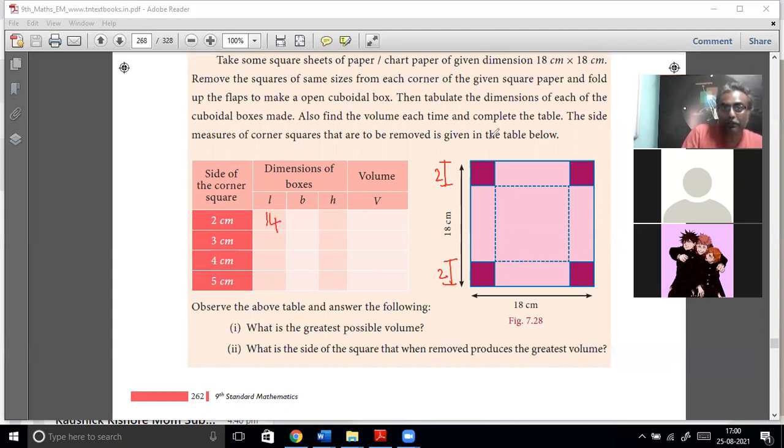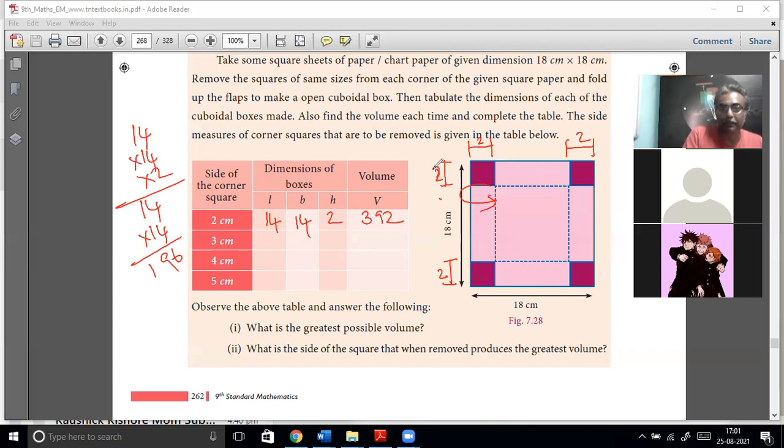Here also 2, here also 2, so again 18 minus 4 becomes 14. Now this one becomes the height. So height becomes 2. Volume becomes 14 into 14 into 2. 14 into 14 is 196. Into 2 is 392.